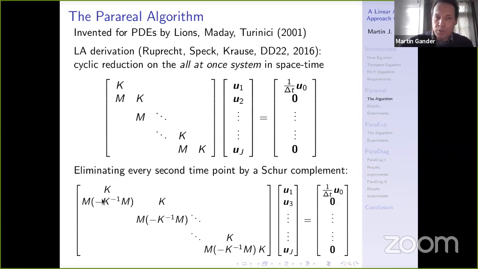You have a solve, which was doing the one time step that you eliminated, and you apply again the m to it to get to the second one. And you do this with every second unknown. So you get a new system which is smaller. It's a cyclic reduction step. It only has every second unknown, and it might have uj or uj minus 1, depending on if it was even or odd.